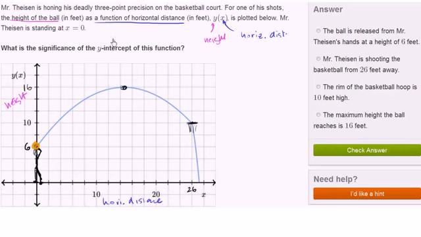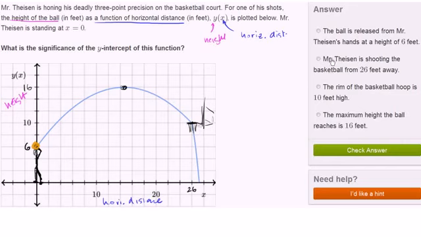And especially because the question states that he has deadly three-point precision, we can assume it's not crazy that he actually makes the goal. And so that's where it goes into the net. And then the net forces the ball to go down at a much steeper trajectory. And this is exactly, of course, 10 feet high, the height of the goal.